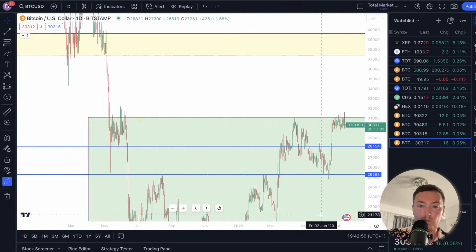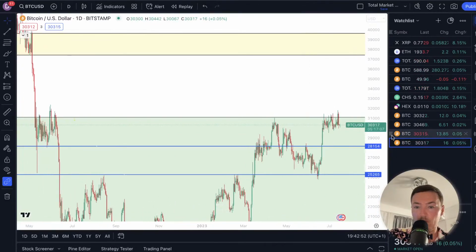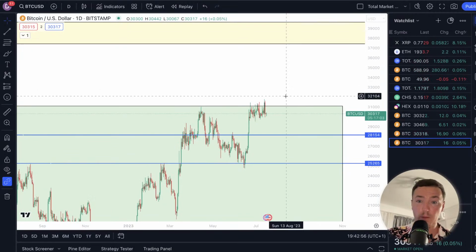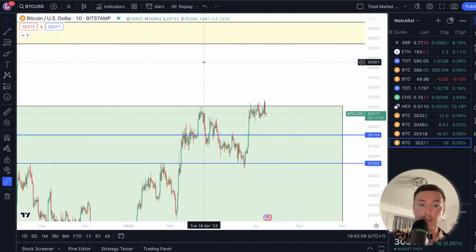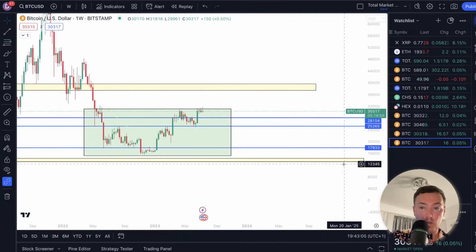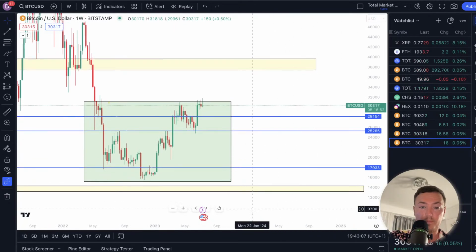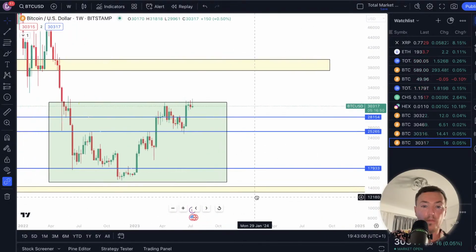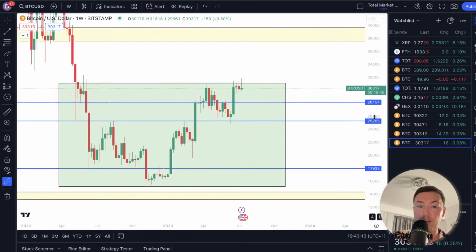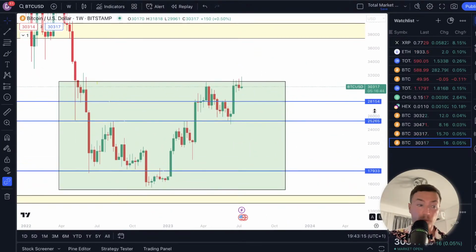Until we break out of the range, which we could do tonight because there is a weekly candle closure tonight, let's have a look at the weekly. We're looking for a weekly candle closure outside of this range, because we're in a range.